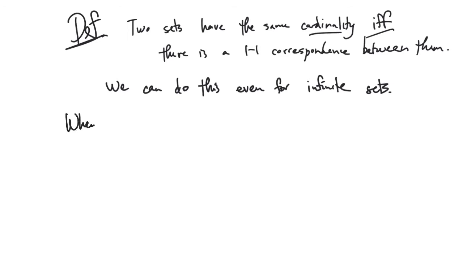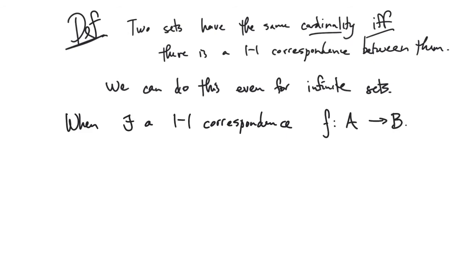When there exists a one-to-one correspondence, let's say f from some set A to B, then we're going to write A squiggly B. And this means A and B have the same cardinality, or you should think they have the same size.